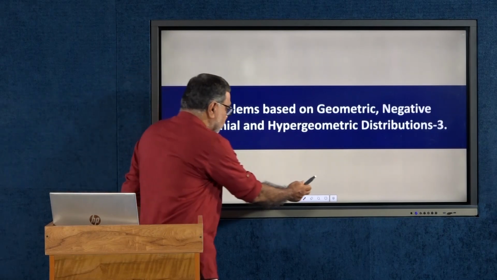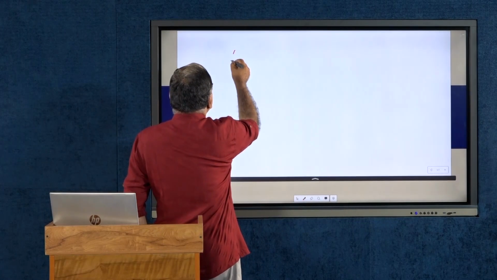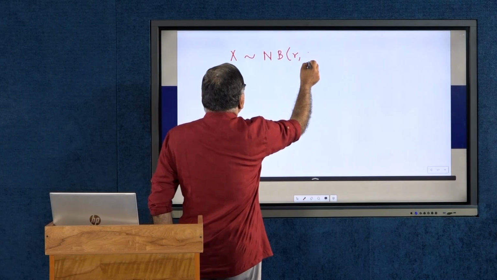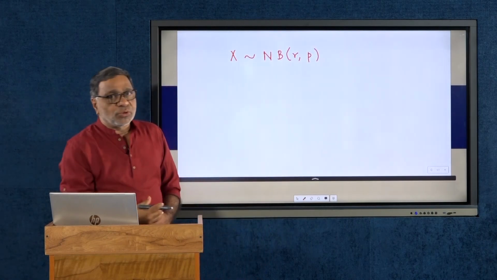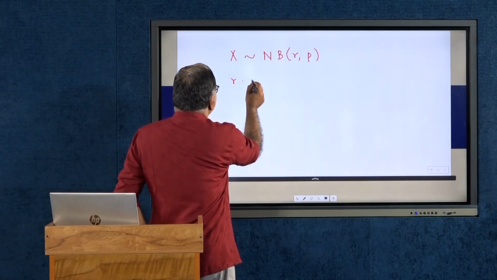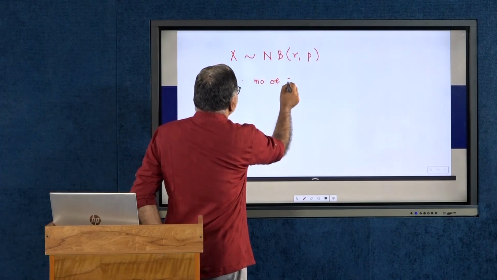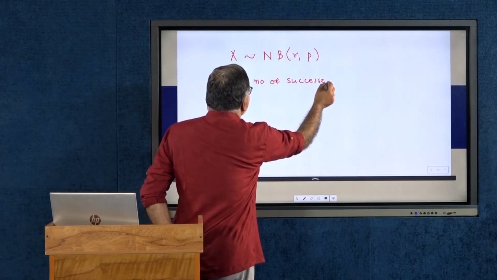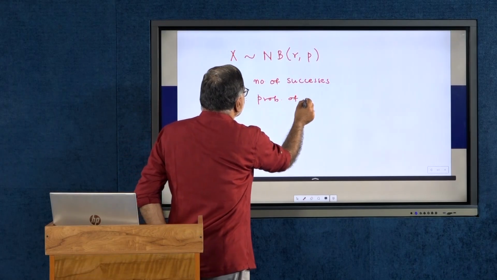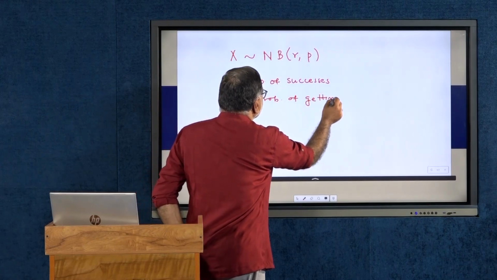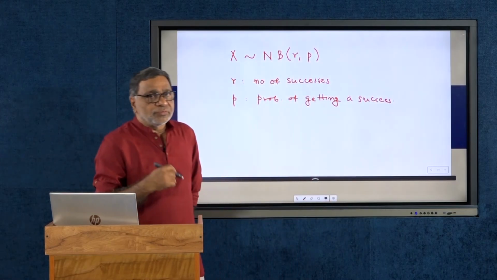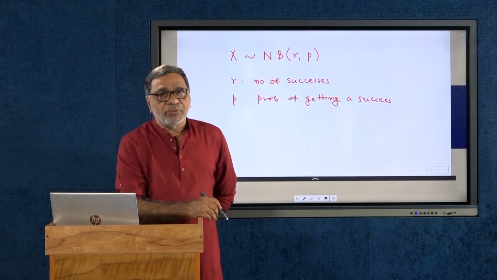Suppose X is a negative binomial random variable, with parameters usually represented by R and P. Suppose X follows negative binomial with parameters R and P, where R represents the number of successes and P is the probability of getting a success.